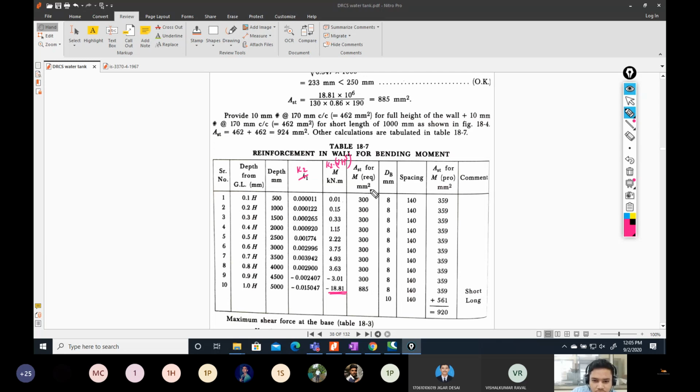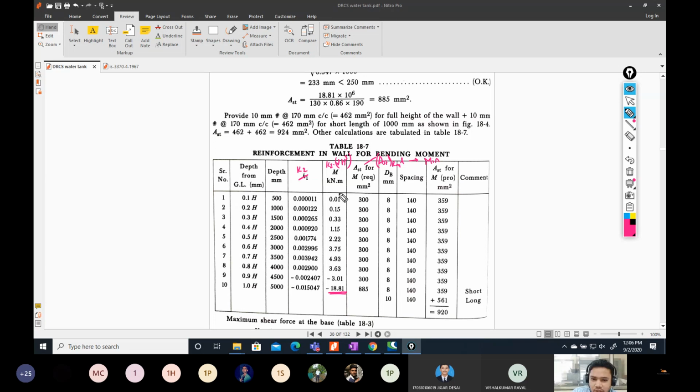So this AST required is based on the steel required for resisting the moment M, and the minimum steel. So if you see for the first case, the moment is 0.01 only.